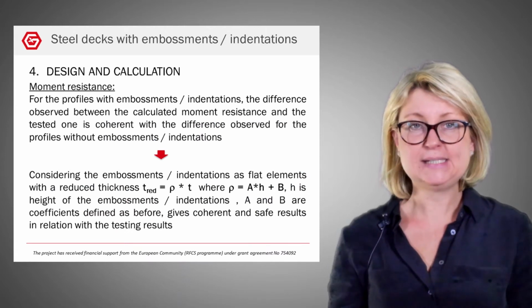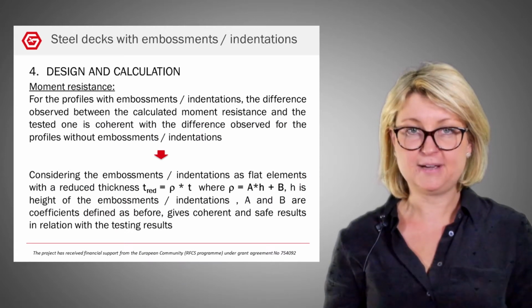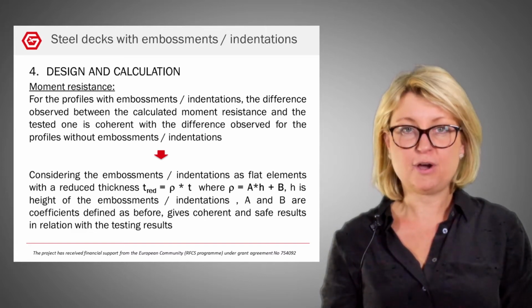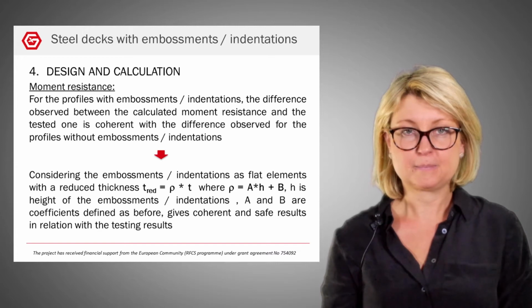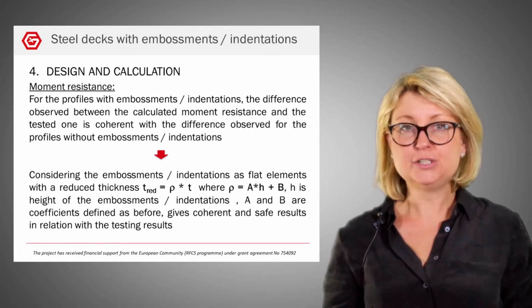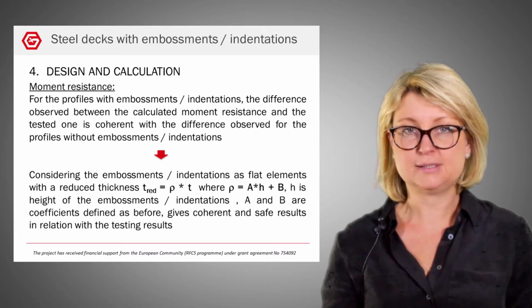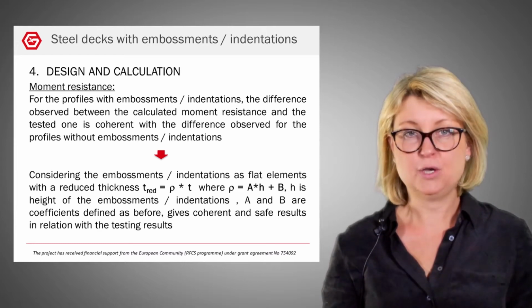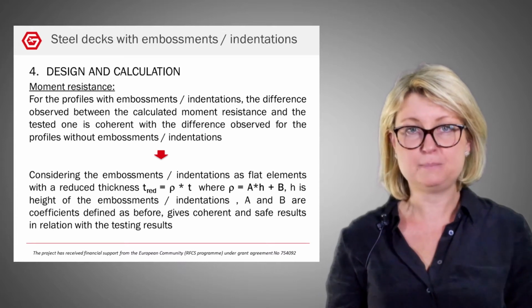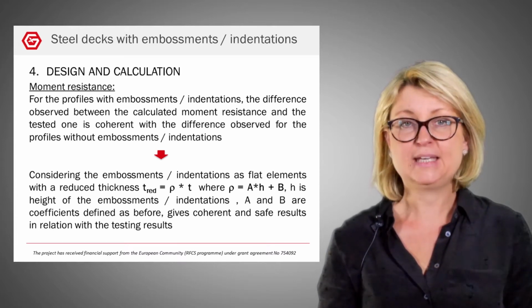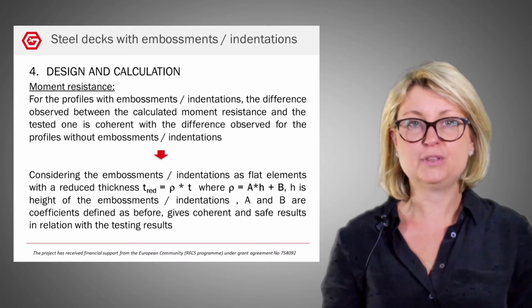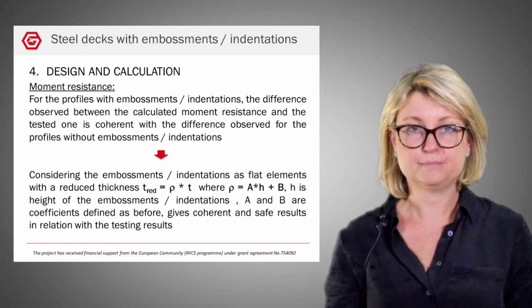Eventually, the resistances calculated as defined previously were compared to the results of the testing. The comparisons confirm that considering indentations as flat elements with a reduced thickness equal to thickness multiplied by ρ gives results that are safe and coherent with the testing results.